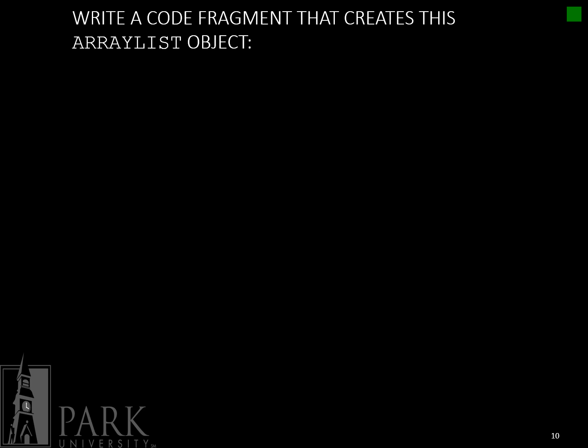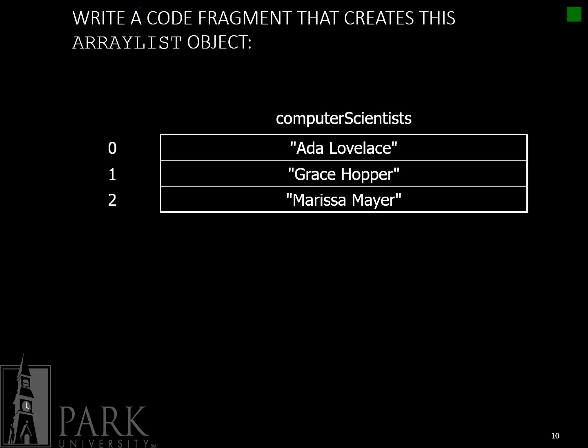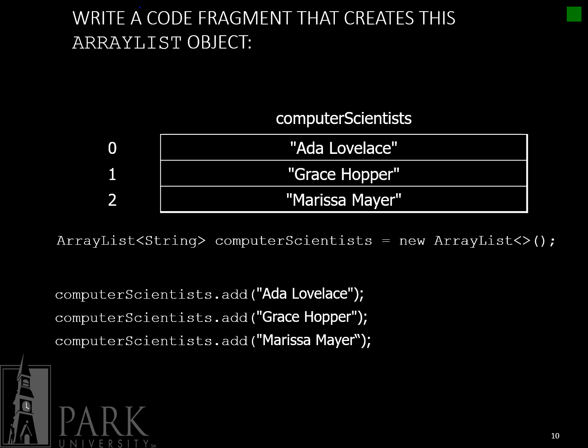So let's run through an example of using this ArrayList class. We're going to write code to create an array list to store names of well-known women in computer science. To do that, we must first declare our ArrayList reference variable and create an array list for it to point to, or reference. Once we have our ArrayList variable, we can add our computer scientists to our array list, like so.